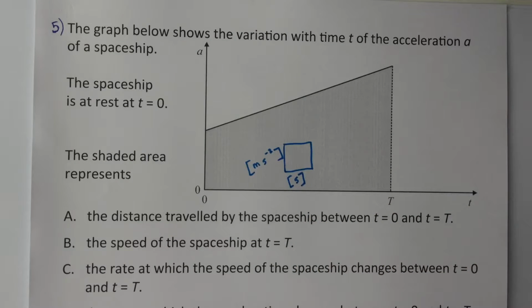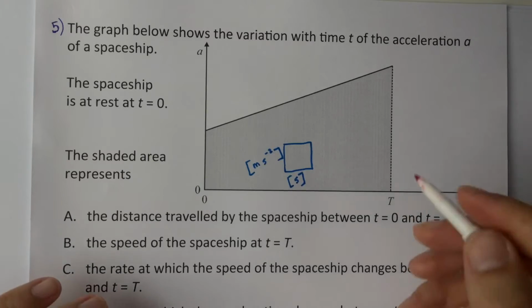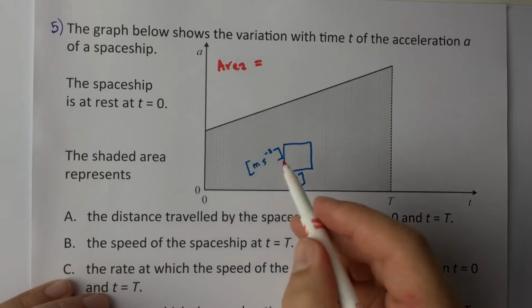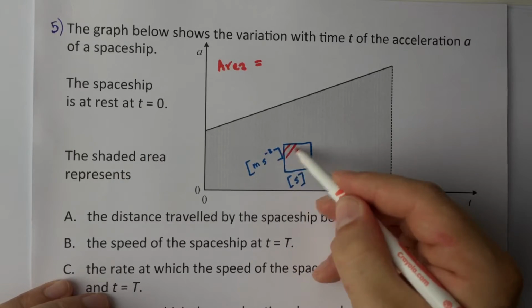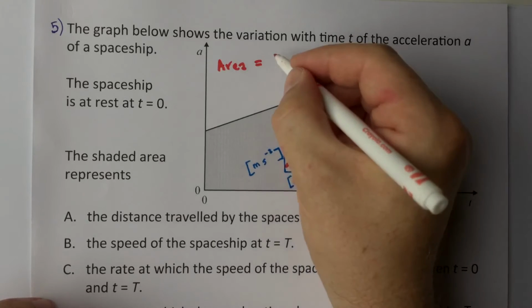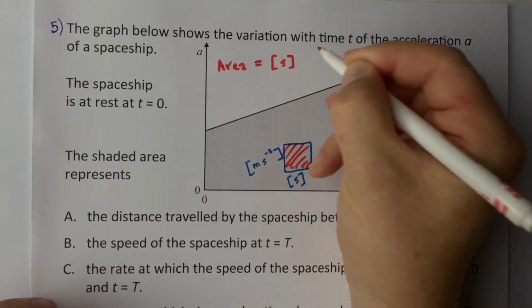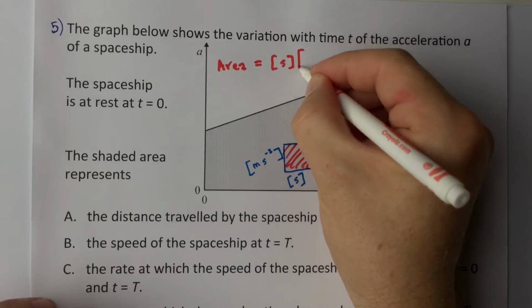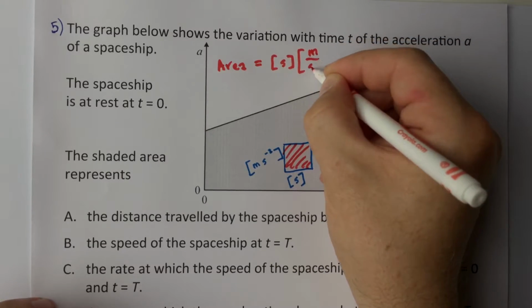The area, in that case, is equal to the base times the height of this square, if we want to find the area of that square. And that's going to be units of seconds times meters per second squared.